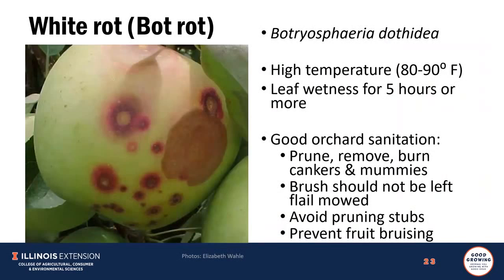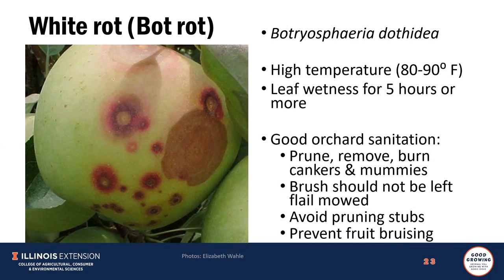Another one that we have that's similar is white rot. White rot has more of a soggy, drippy kind of fruit. It has irregular margins as far as the symptoms go. And it can have shallow bark cankers that can show up on the bark. Typically this happens whenever there's a stress event.